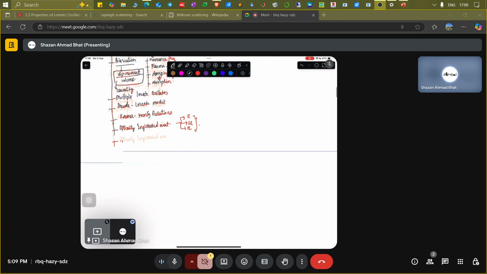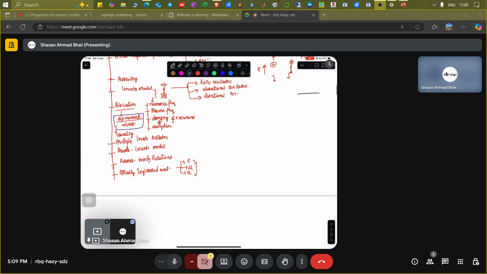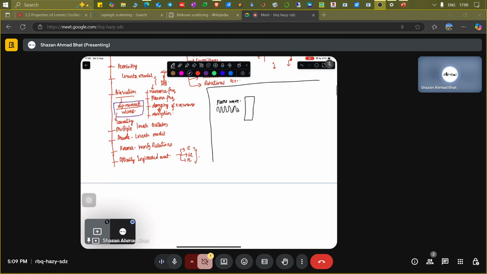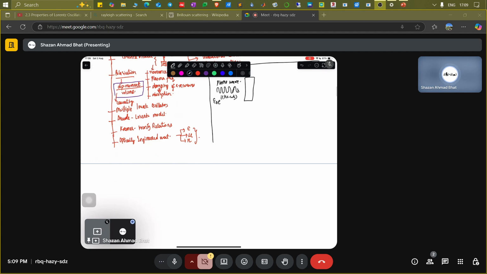The optical response of the materials is, for example, if you have a material and an incoming electromagnetic wave, which is a plane wave solution of Maxwell's equation, it can be denoted as E naught e to the power minus i (kx minus omega t), and you can write this k as n omega by c. You know this n belongs to the complex numbers. That means it's some n1 plus i times n2.